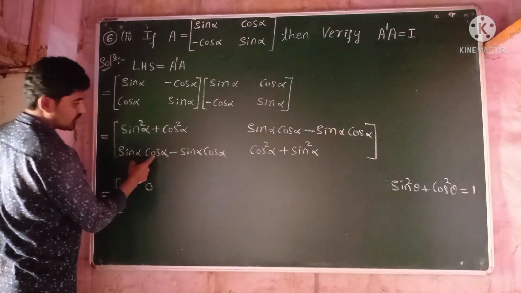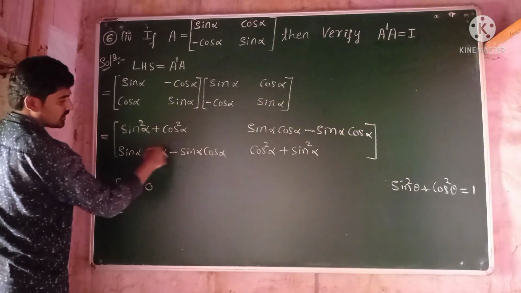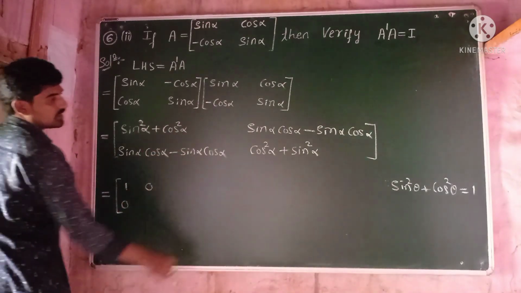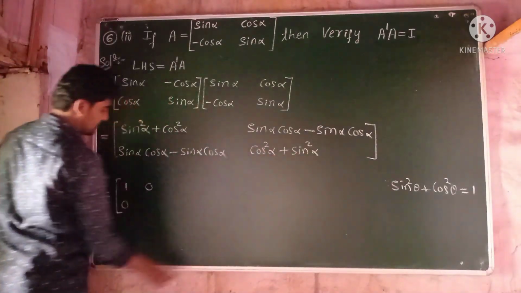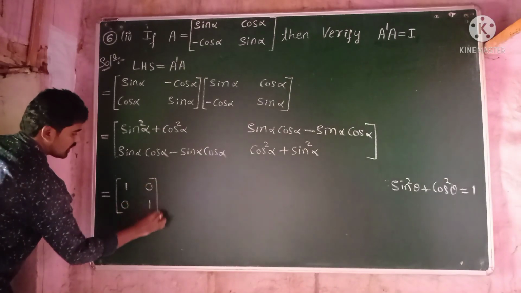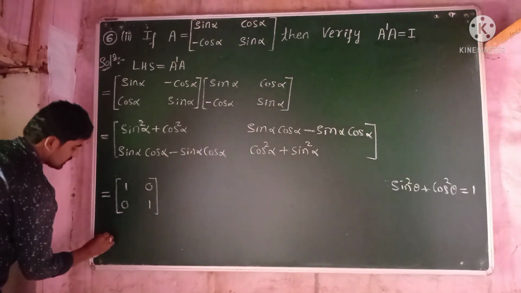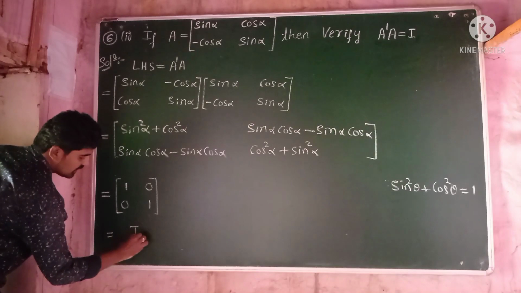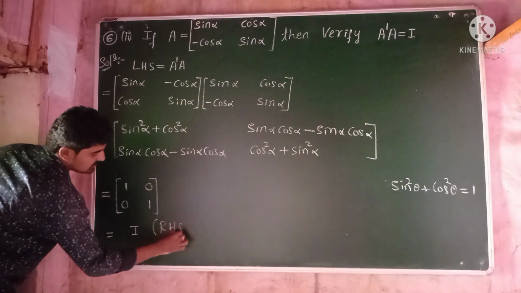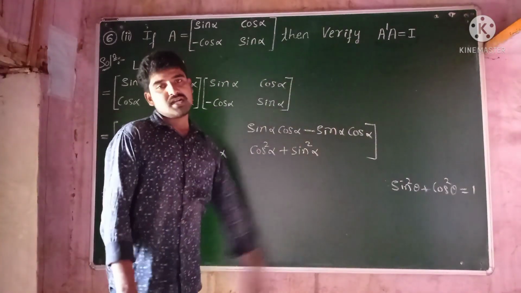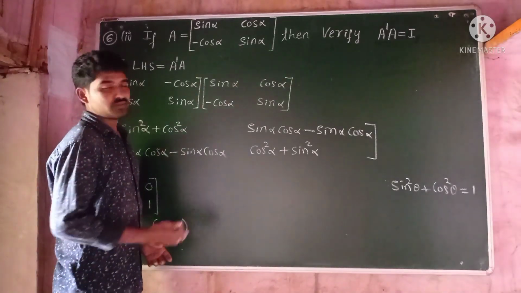Here also sin alpha into cos alpha minus sin alpha into cos alpha get cancelled, 0. Sin square alpha plus cos square alpha is 1. And this is the required unit matrix, which is represented by I, and this is equal to the RHS of the given equation. I hope all of you understood. If possible, take a note.